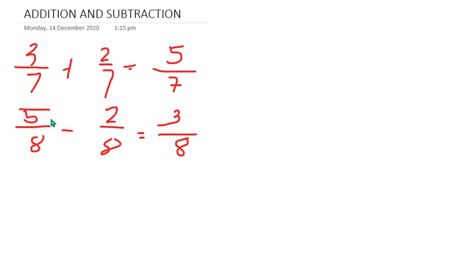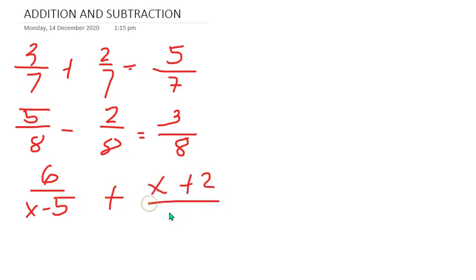If we had x plus 6 over x minus 5 plus 2 over x minus 5, you're going to copy the denominator and you will add or subtract the numerator.